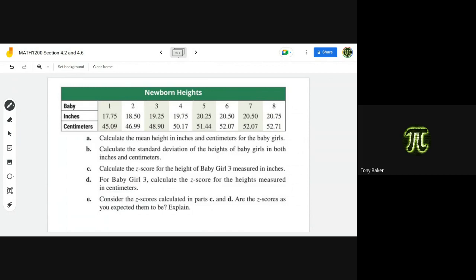So the mean of babies, well, we're going to assume these are girls. So the mean is 49 centimeters.